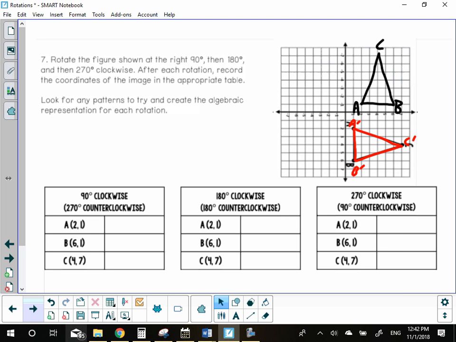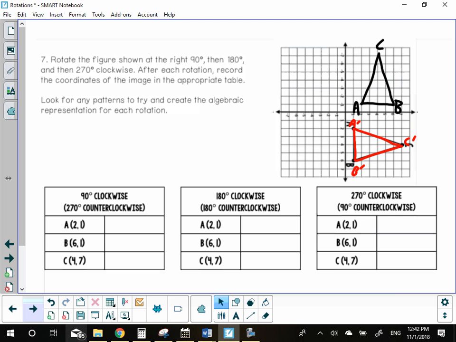See how you end up getting a new triangle. The new position should look similar to mine there. This is really nice to help you figure out what a rotation is going to look like.